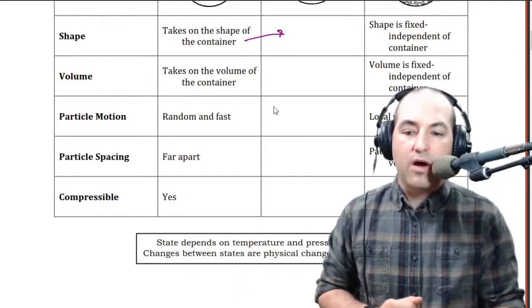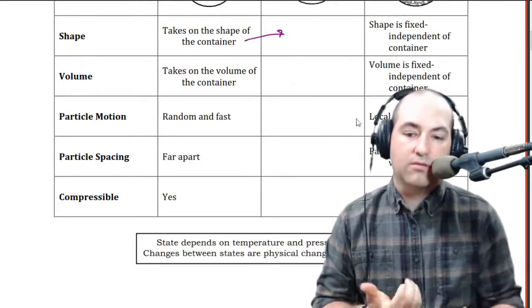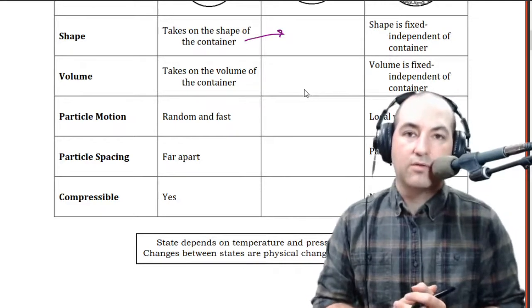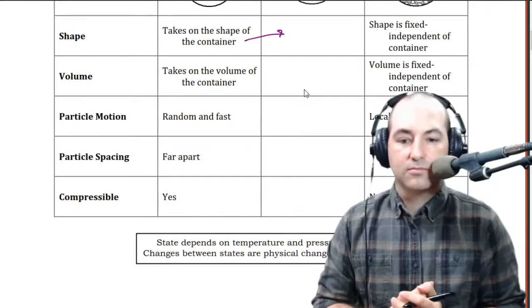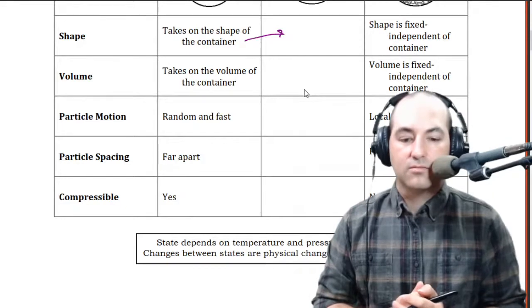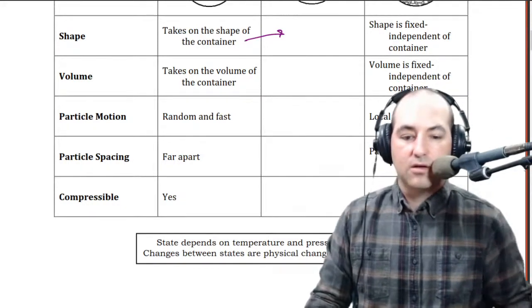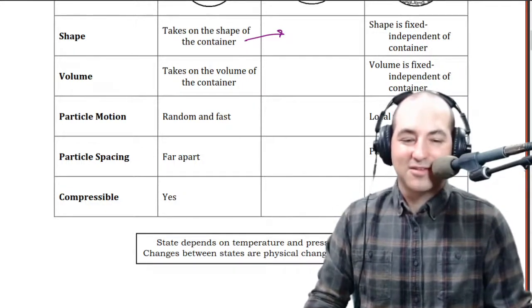So what do you think about water? Can water be compressed, or does water have a fixed volume? Or liquid, sorry. Do liquids keep their volume, or do liquids change their volume as the container size changes? What do you think? So fixed volume. So you're less sure about that one because there's a question mark.